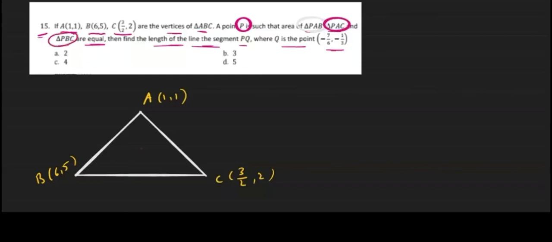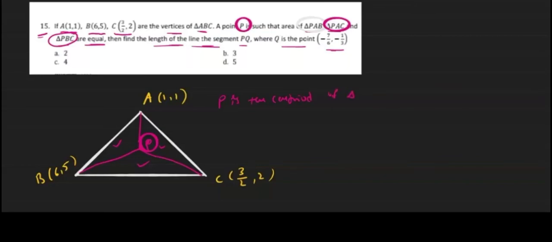This happens only when the point P is the centroid, because from the concept of centroid, the areas of the triangles PAB, PBC and PCA are equal only when P is the centroid. So now here P is the centroid of the triangle.